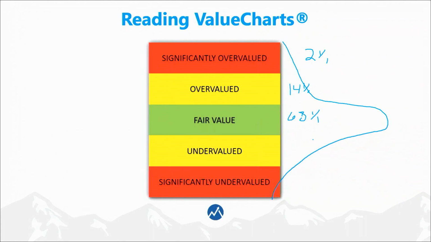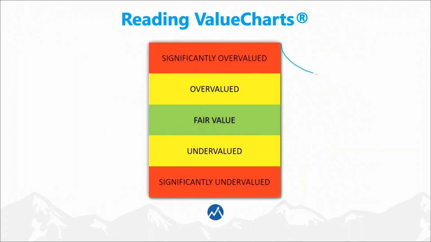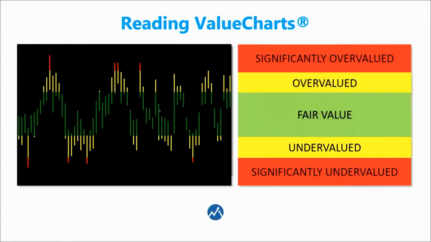So keep that in mind. Normally markets trade in that fair value zone, but again, it's similar to a bell curve where the fair value zone is where the market's typically trading the most. And when we get to these extremes, that means there's a very high probability of it pulling back and transitioning back into that fair value area.